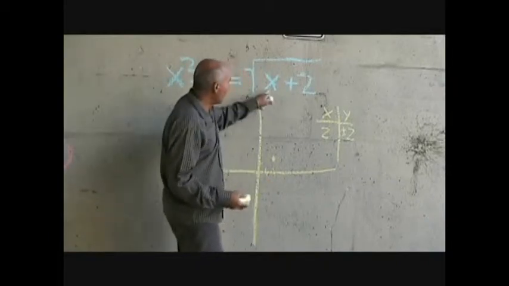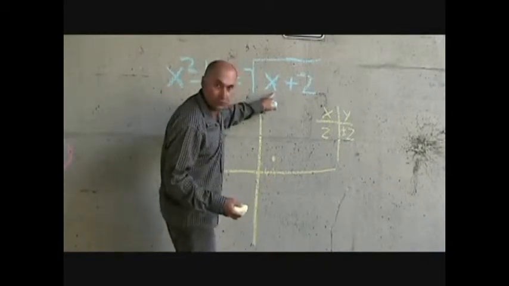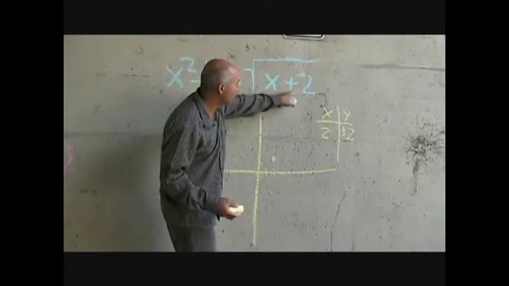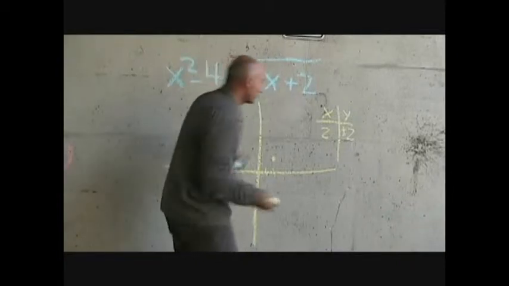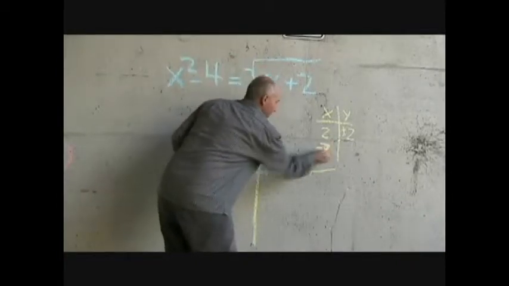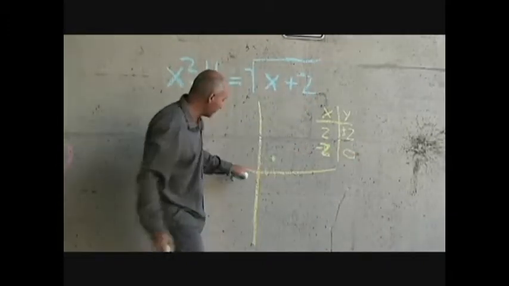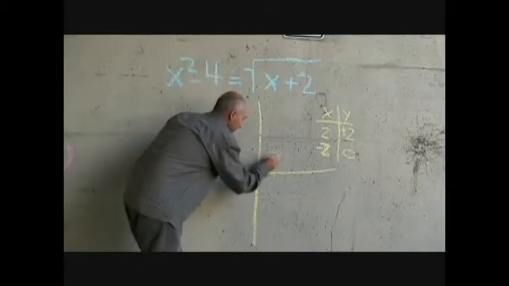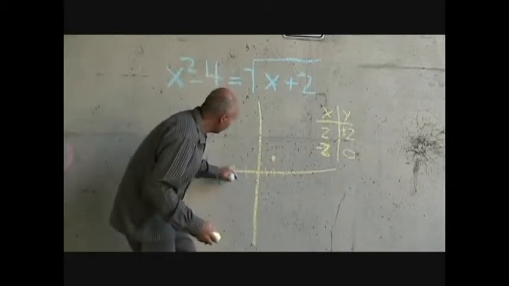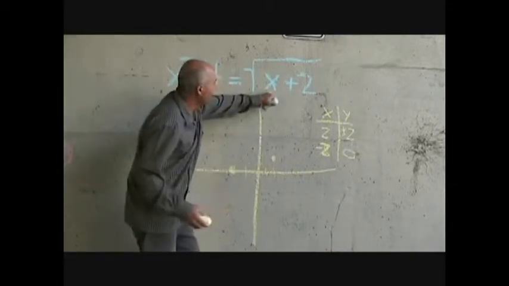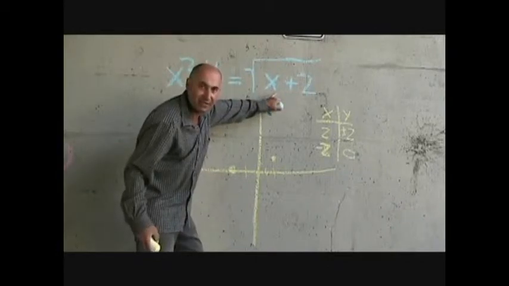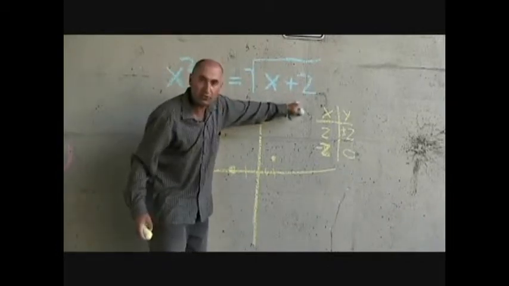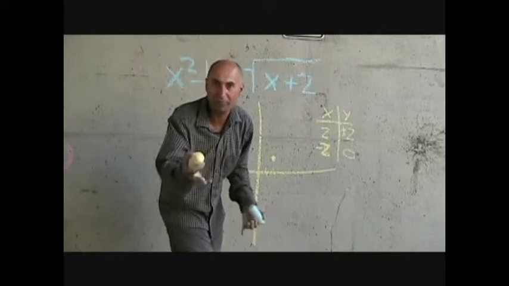When x is negative 2, negative 2 plus 2 is 0, and the square root of 0 is just 0. So when x is negative 2, y is 0. And this function goes off like this. Okay? So let's say you put x equal to 7 here: 7 plus 2 is 9, and the square root of 9 is plus or minus 3, right?